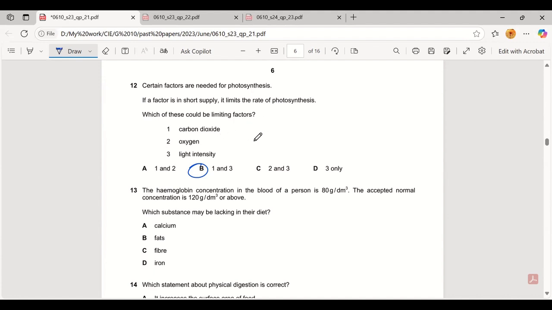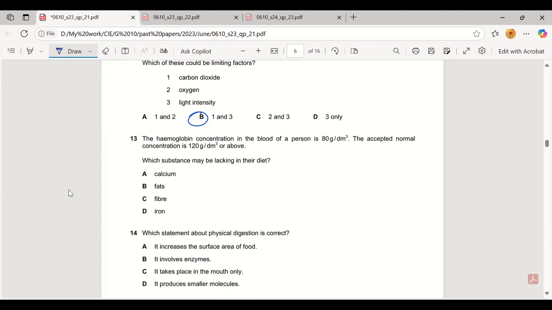The third limiting factor is... I cannot hear you. What is the third limiting factor? Sajim? Temperature. Temperature, yes.